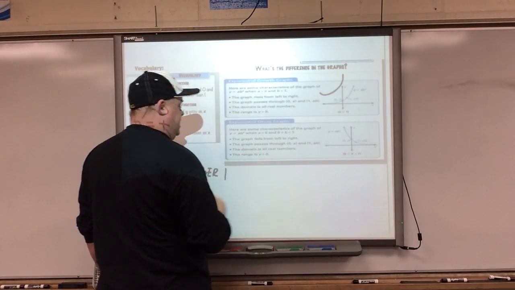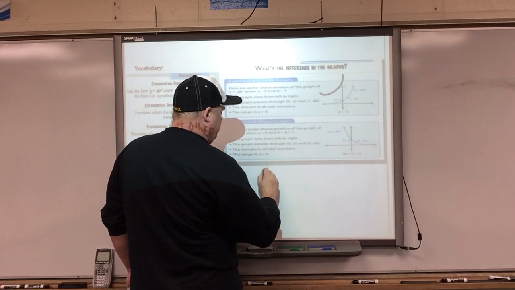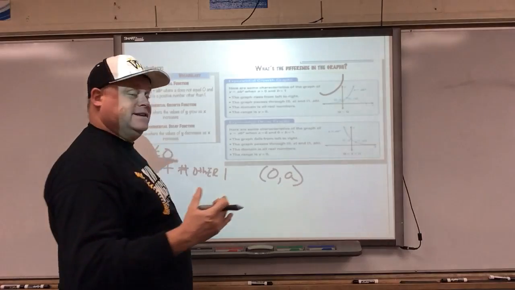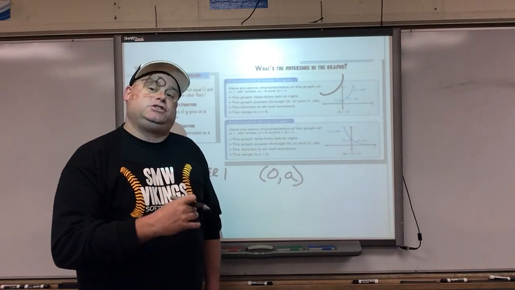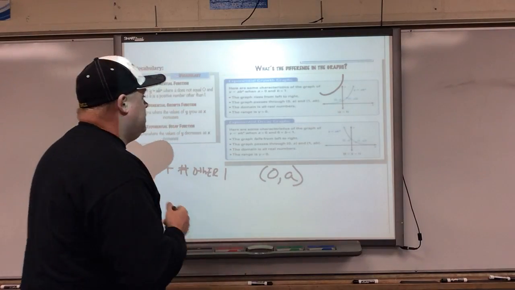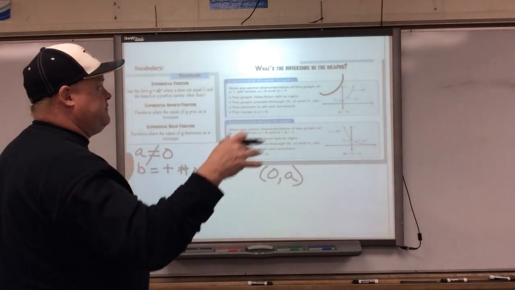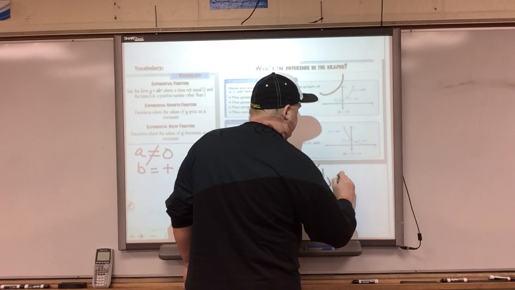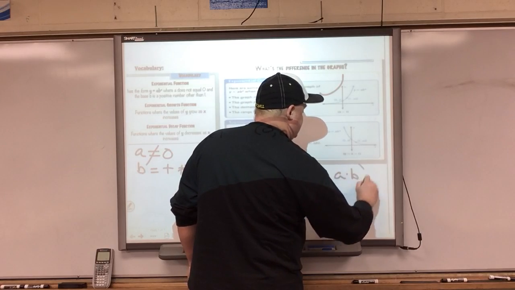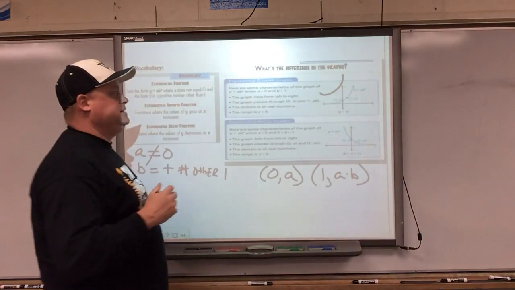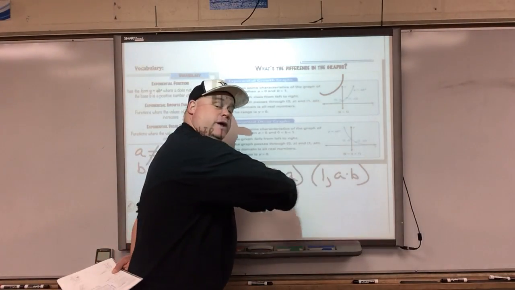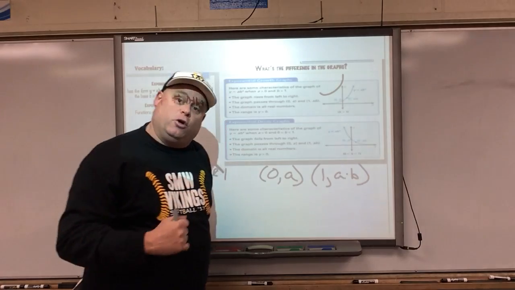This is really key, and it makes it really easy to start graphing these. The graph also goes through the point (1, ab). These are 2 points we can find easily when we go to graph these.